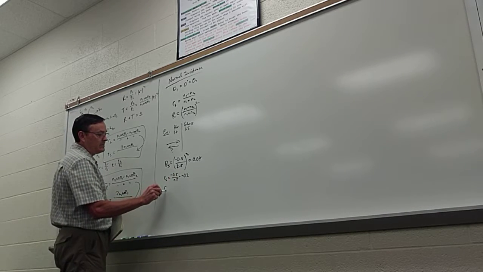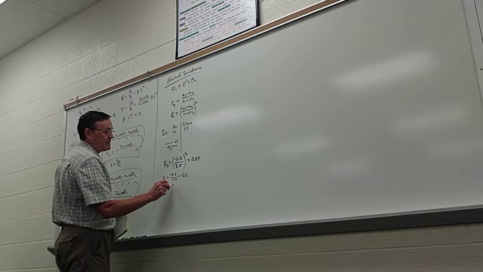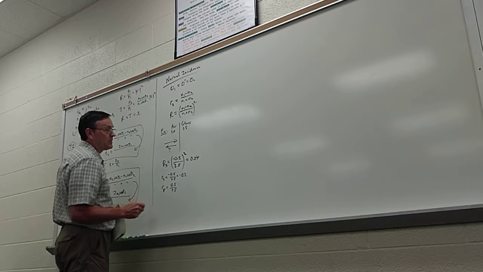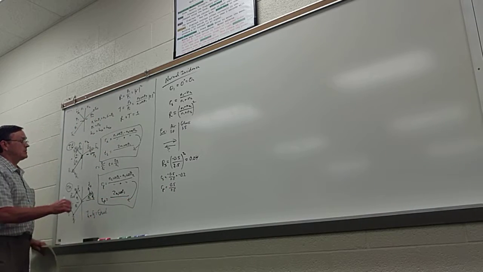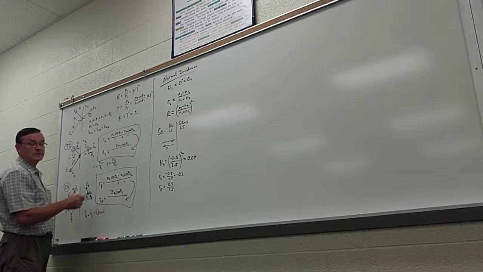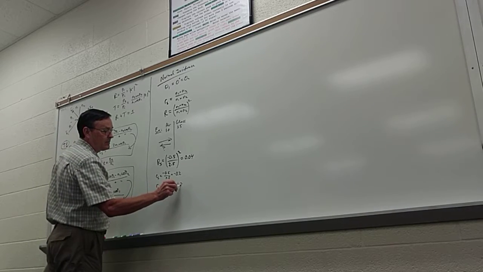If I calculate RP for the TM polarization, I get 0.5 over 2.5 because it's going to be N2 minus N1 over N2 plus N1. So this is positive 0.2.